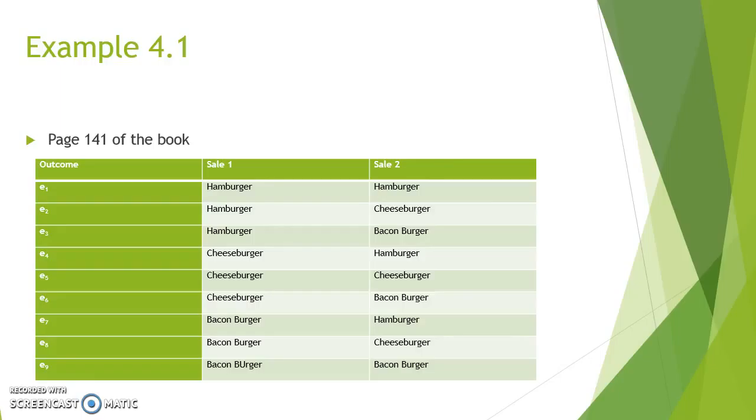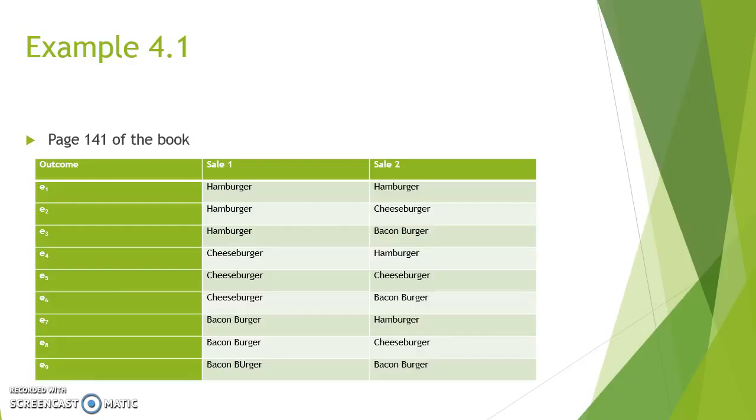The very first step is to define the experiment. The experiment obviously is a sale. We're observing 2 customers who will be coming in to buy burgers. Based on that, we know that there are 3 different burgers that Five Guys wants to take a look at, their 3 best-selling hamburgers. The item of interest is the product sold.